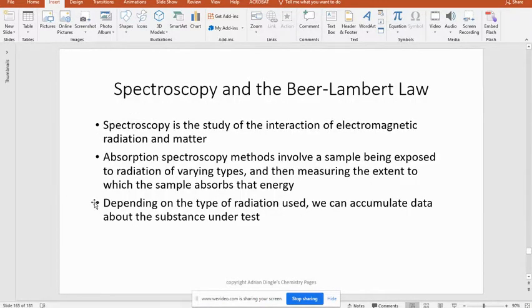We're also going to look at something called Beer-Lambert. Spectroscopy we looked at before back in Unit 1. We look at electromagnetic radiation and matter, at what wavelengths are being given off and reflected. Depending on that type of radiation, we're able to accumulate some data.